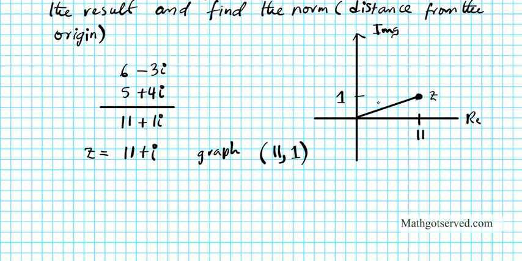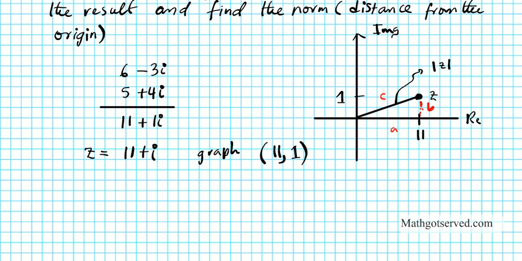This piece right here is going to be the absolute value of z, or norm z, the distance from the origin. If I make this into a right triangle, this side would be my A, this side would be a B, and this side right here will be a C.